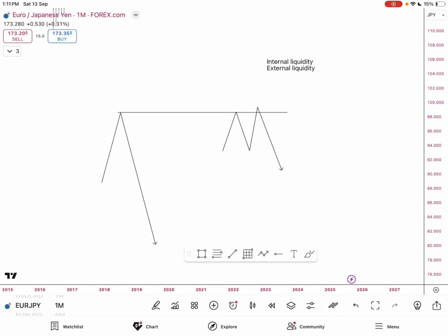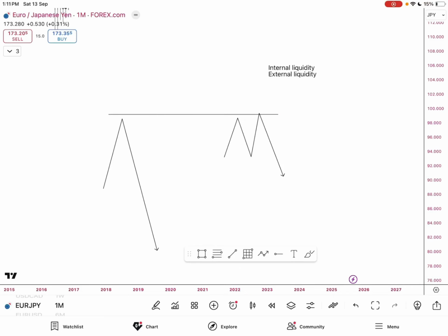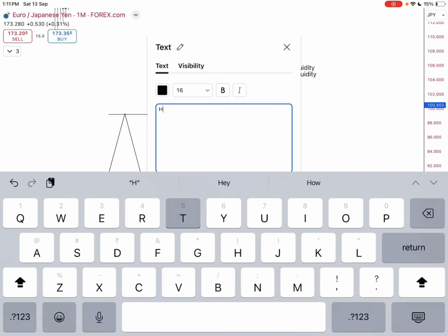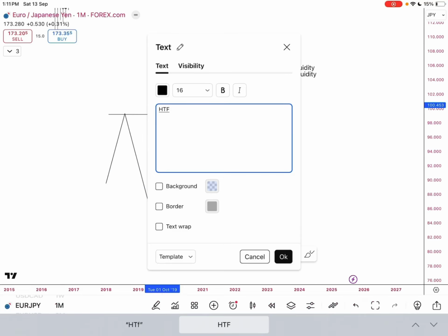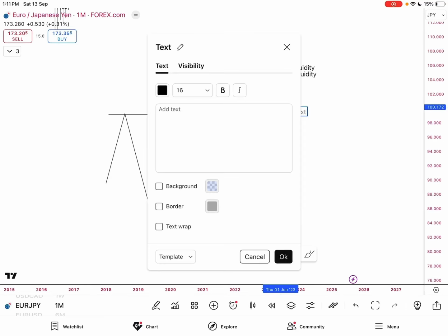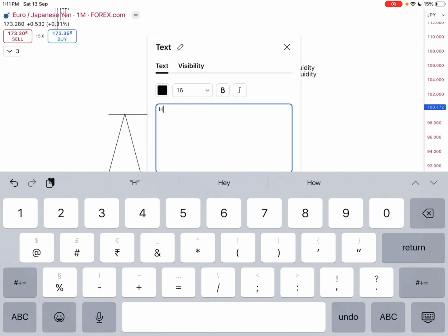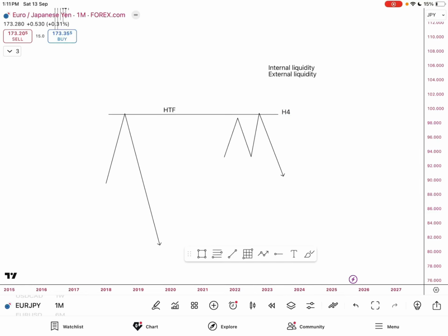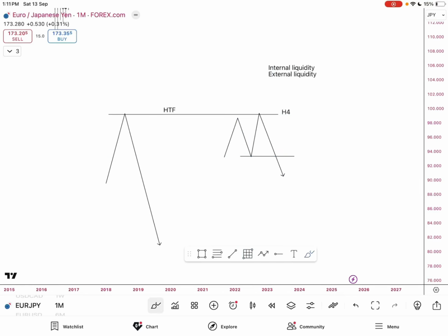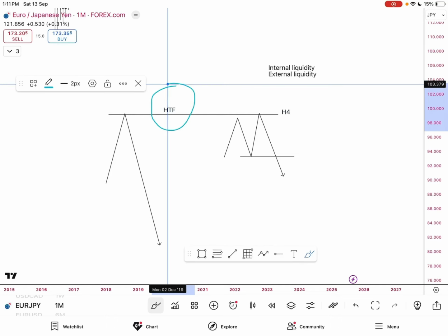Okay, so this is the higher time frame key level, HTF. This is one time frame lower, which is H4. So when it breaks this structure, now this higher time frame key level is valid.